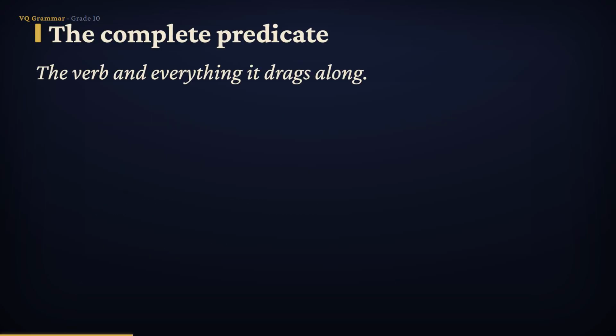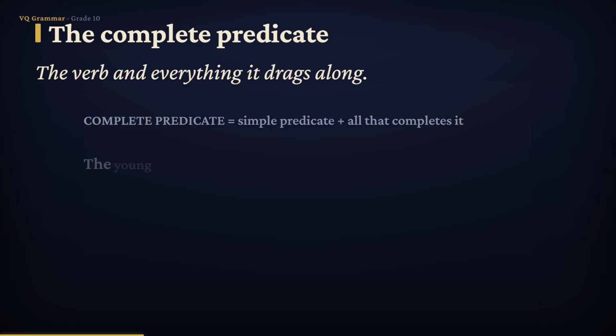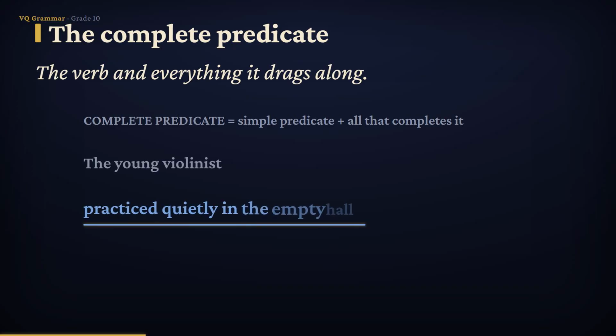Now flip to the other side of the sentence. The complete predicate includes the simple predicate, the verb or verb phrase, plus all the words that complete or modify it. Take this sentence. The young violinist practiced quietly in the empty hall. The simple predicate is practiced. That's the bare verb, the engine of the whole sentence.